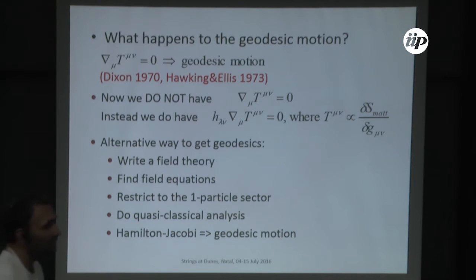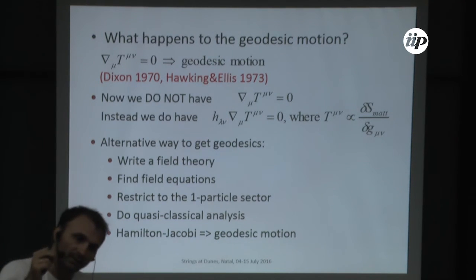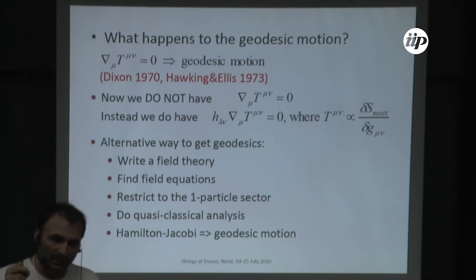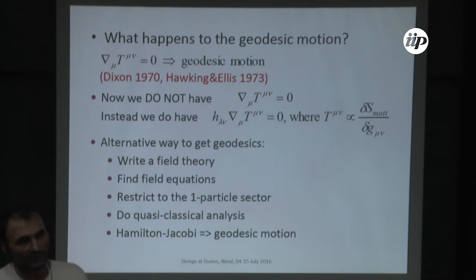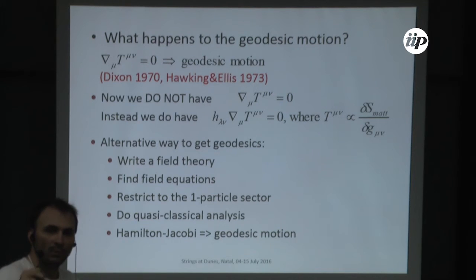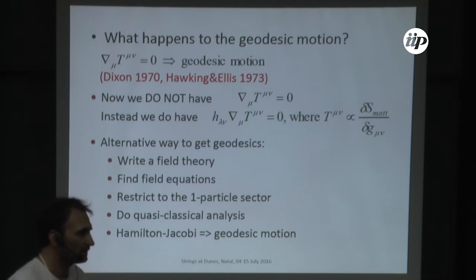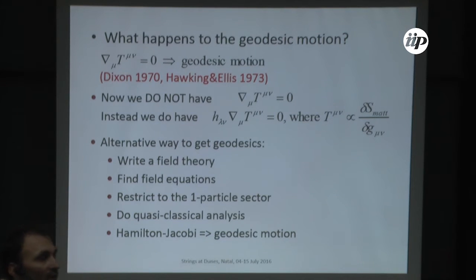The fact that in general relativity a pointless, structureless particle of mass m follows geodesics is not a trivial fact. It is completely based on covariant energy conservation. If you don't have that, you don't have the fact that the physical motion of a point particle follows geometrical geodesics. This result is due to Dixon, actually due to Einstein, but Dixon did a lot of consideration after that.